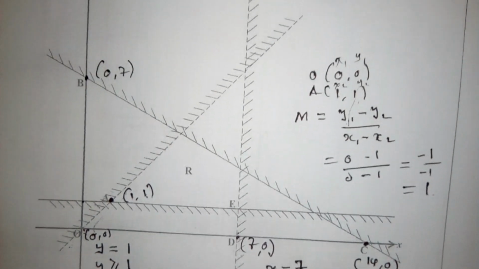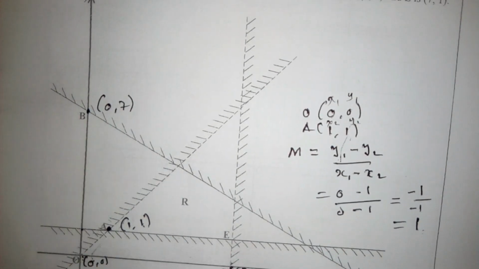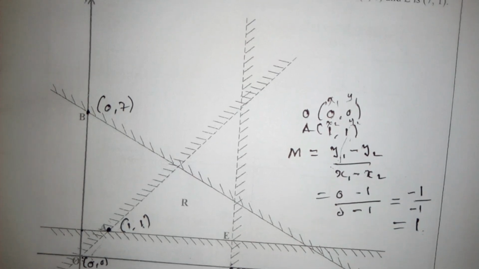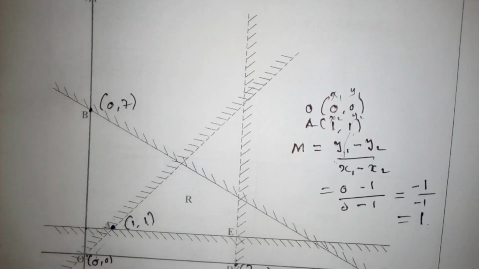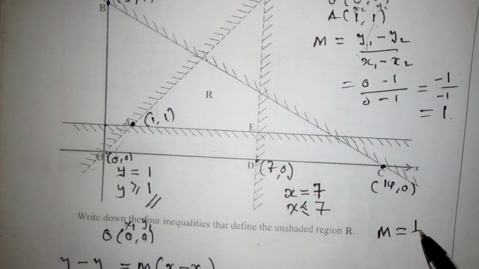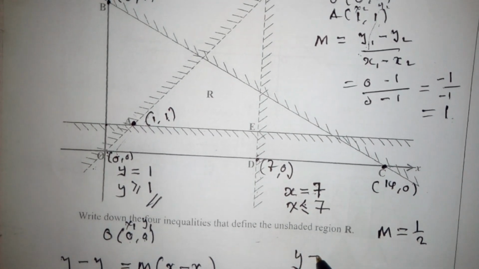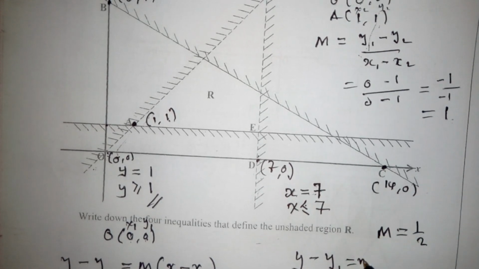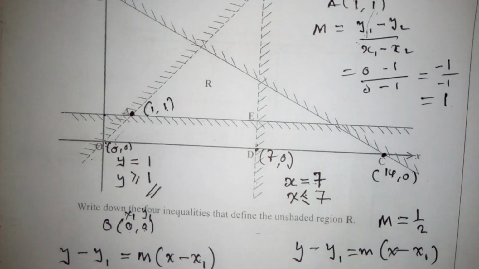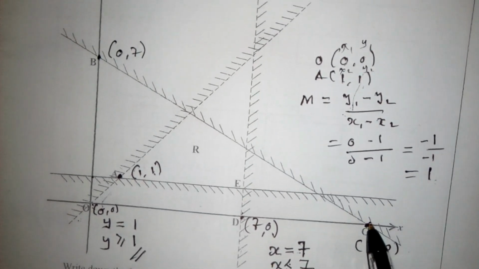We go to the next question where we need to find this. We need to solve using almost the same procedure. We find the gradient, and our gradient in this case will be m is equal to 1 over 2. So we use the formula for finding the equation of the line. It will look like this, and then we pick the coordinates, either these or these.